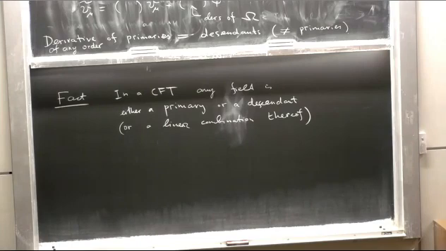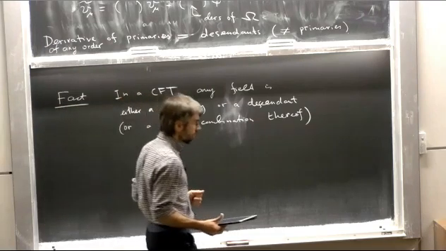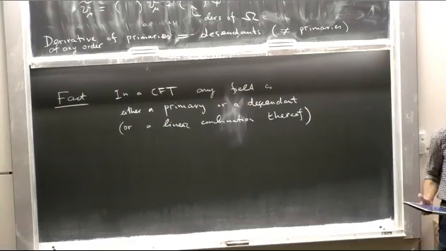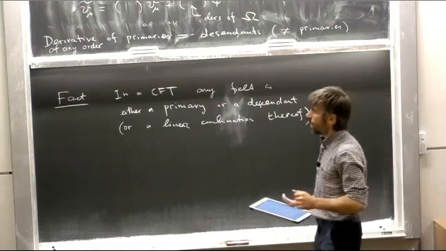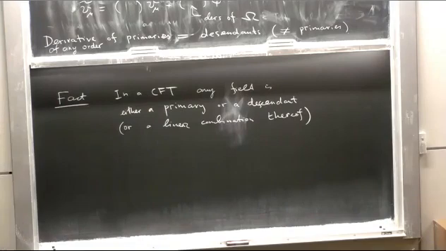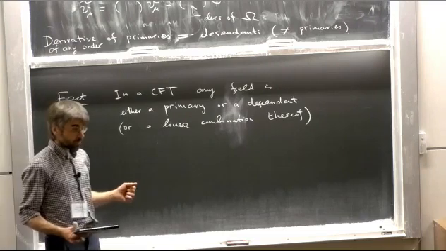So to do the bootstrap, we need to inject some extra ingredients in our discussion, such as the state operator correspondence and the OPE. To understand where this comes from, we will have to introduce locality in our discussion. So far we were just viewing our conformal field theory as a bunch of correlation functions invariant under conformal transformations, and it was not clear where those correlation functions come from.